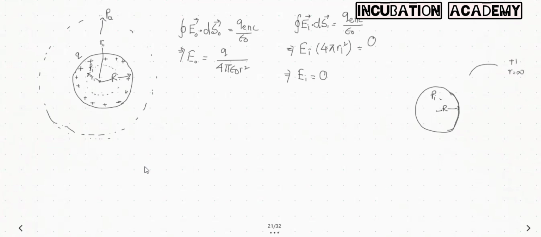If you have to bring it, then some work has to be done. So at first you have to bring it from infinity to the radius capital R.